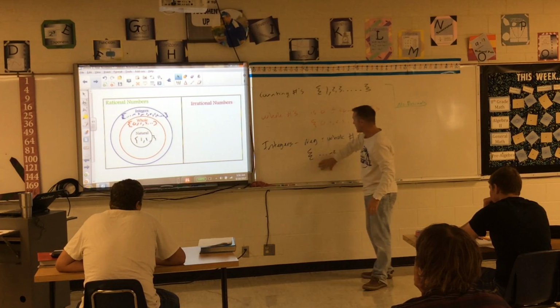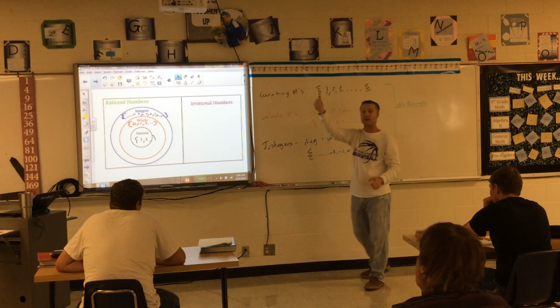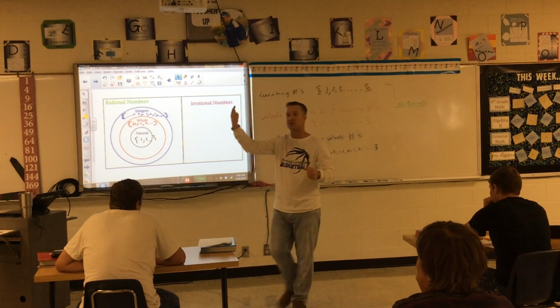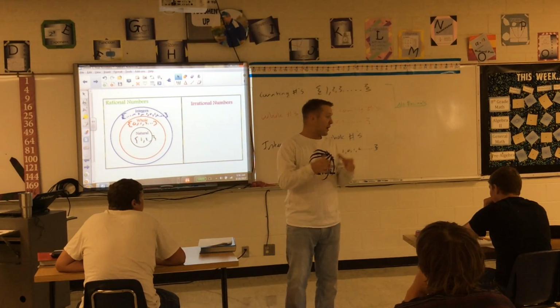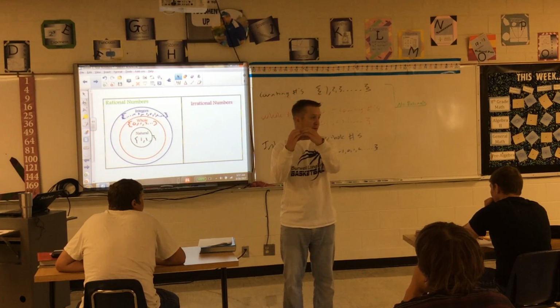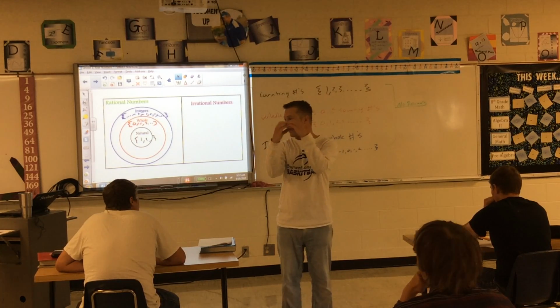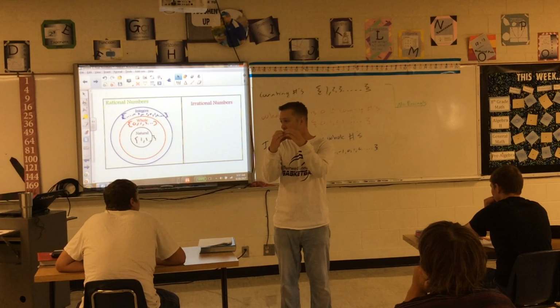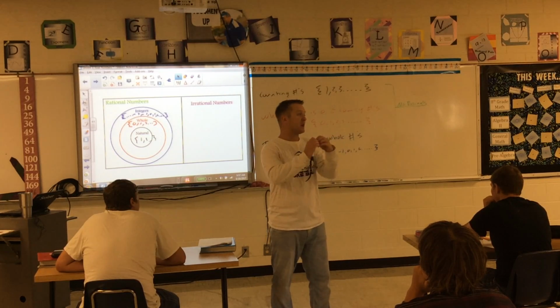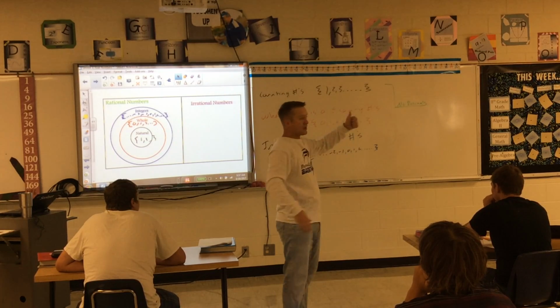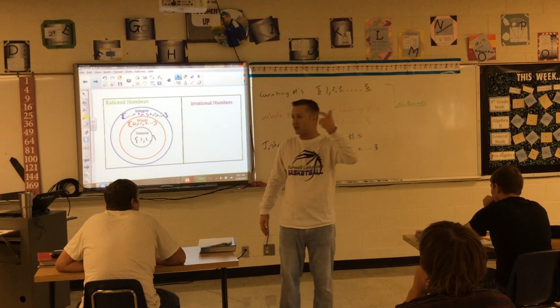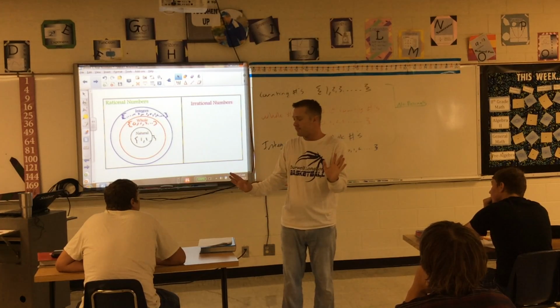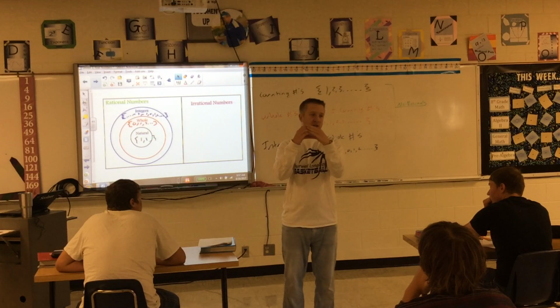We're not talking about negatives, we're not talking about 0, we're not talking about decimals, we're not talking about fractions. So subset is a way of saying a specific group of numbers. Okay? So the subset of counting numbers eliminates 0, negative, decimals, fractions, irrational, rational. It eliminates all those. Okay? Subsets is a specific way of saying a group.